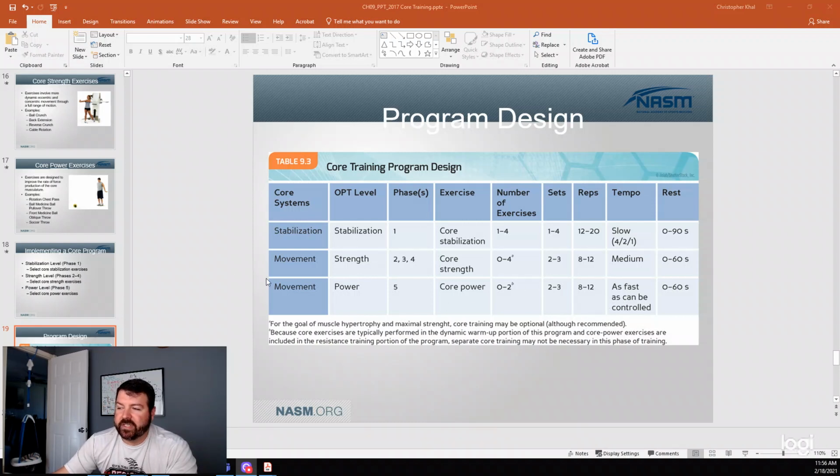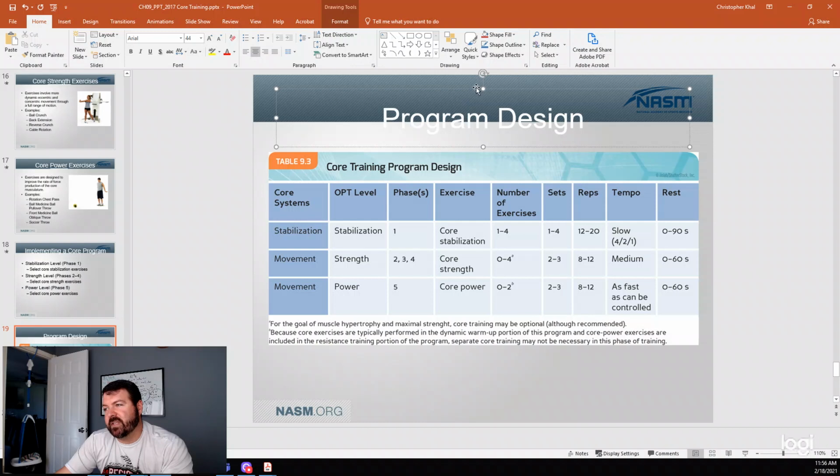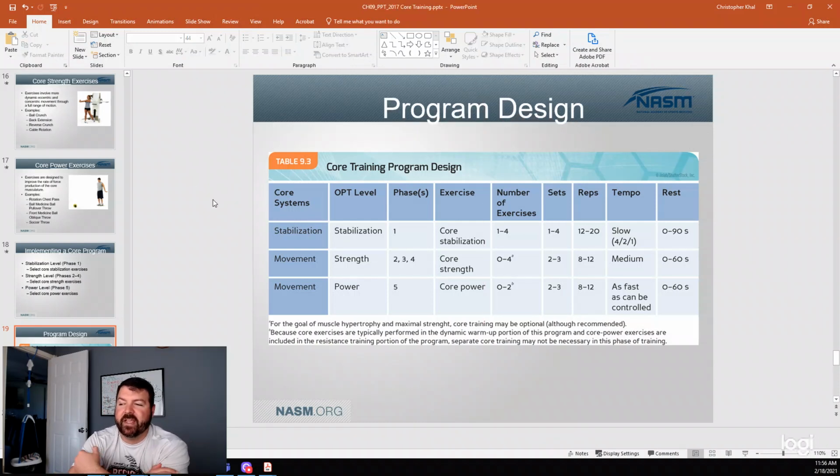And usually with all these, especially the power, you definitely want to do your core more towards the end. Let's say your exercise for the day is squats. If you're more advanced, in phase 5 for example, your squats are pretty extreme.